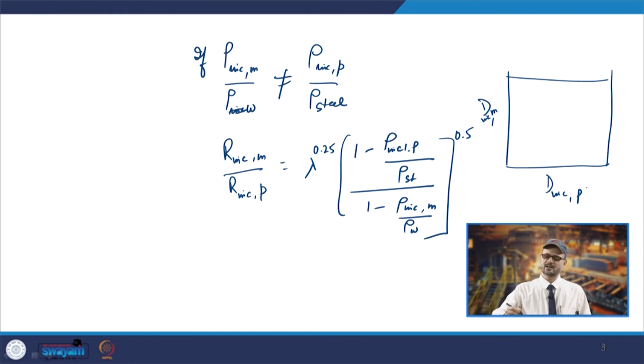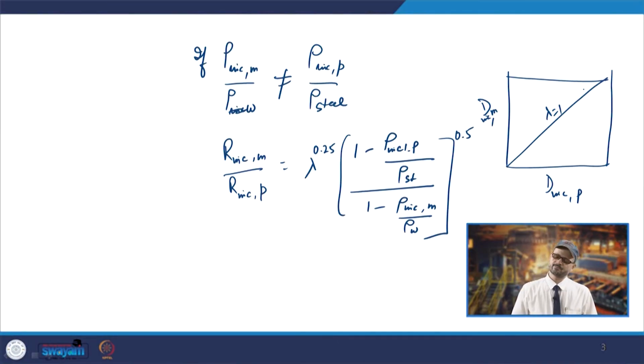So, in that case, if you have different lambda values, and if you take lambda as 1, you can have from the earlier expression which we got here, depending upon the different value of the scale factor, the relationship between the diameter of the inclusion which is used in the water model and in the prototype tundish, that is in the steel tundish.